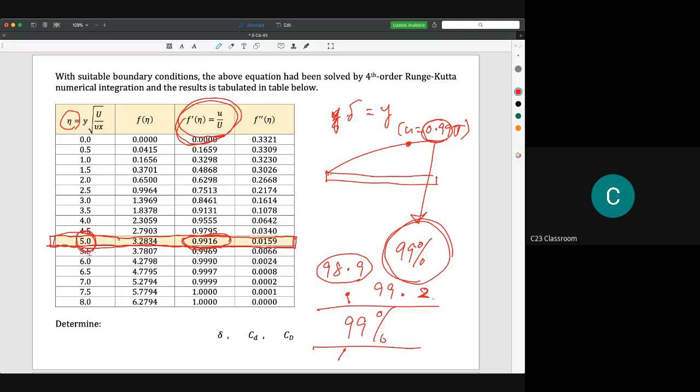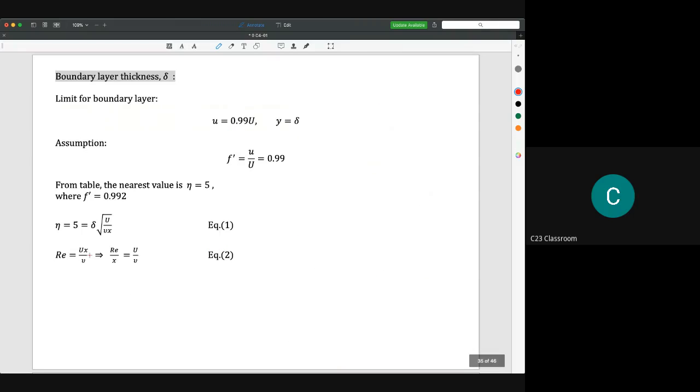Okay, so now we start to calculate the boundary layer thickness. From the table, we assume that y is equal to delta when u is equal to 0.99 capital U, 99% of the free stream velocity. We take the assumption that f prime is equal to u over U, equal to 99%.